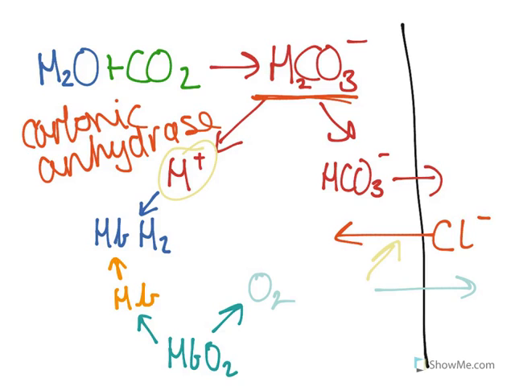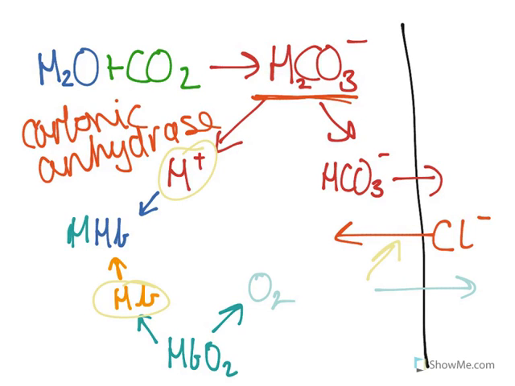So the hemoglobin that's left after the oxygen has dissociated attaches to the H plus ions, which produces HHb, so it will be like that. It makes a hemoglobinic acid.